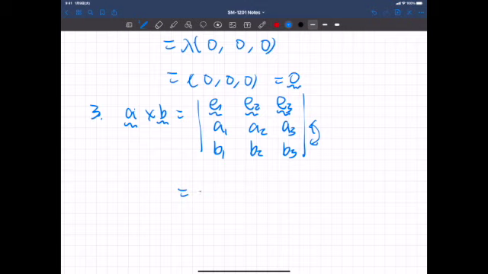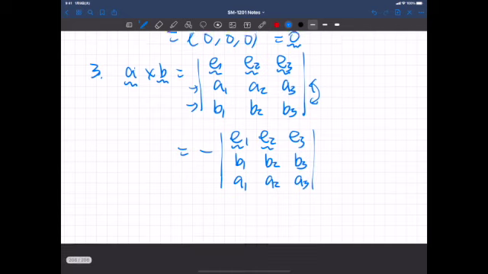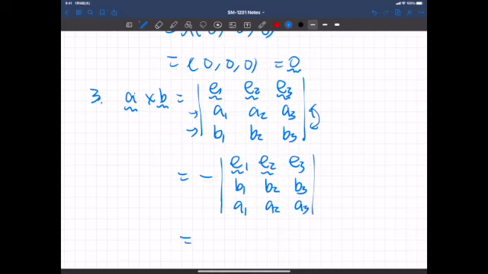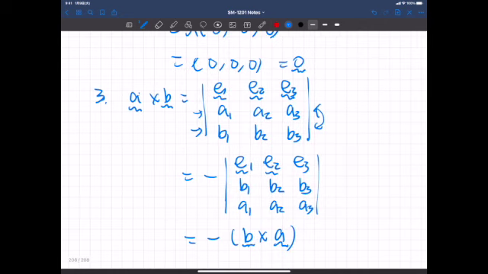So if you swap the second row and the third row, then the result is negative. So B1, B2, B3, A1, A2, A3. But this is negative of B cross A, right? So this cross product is anti-commutative.